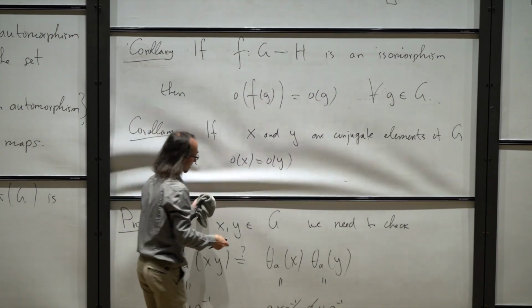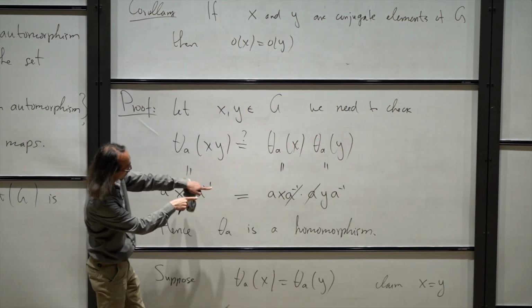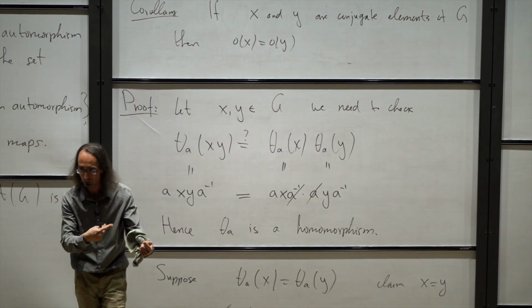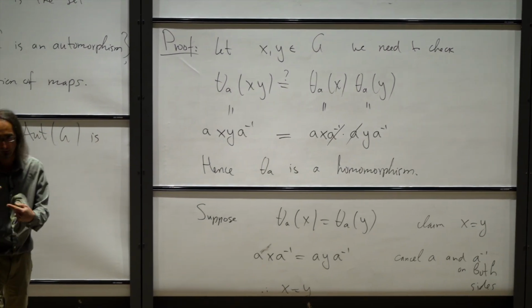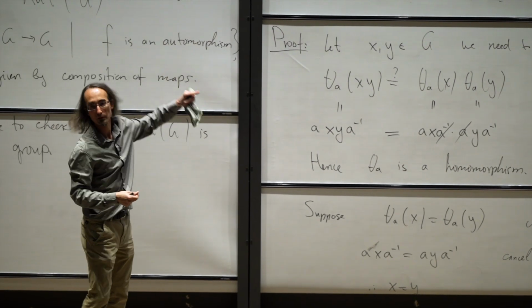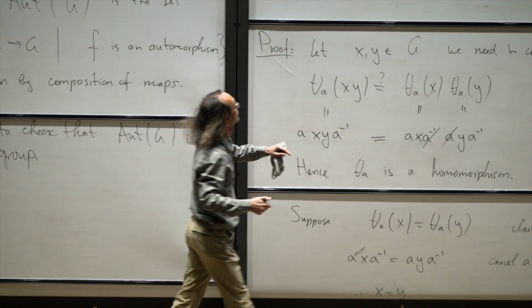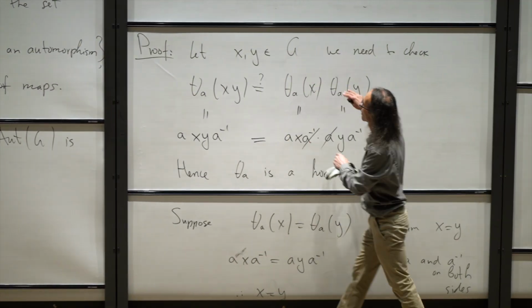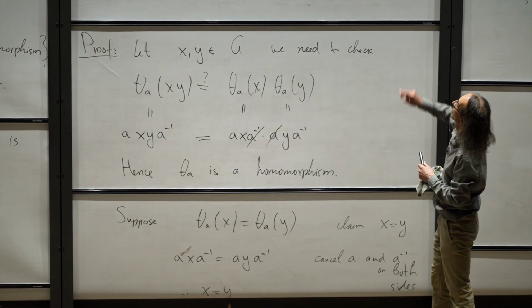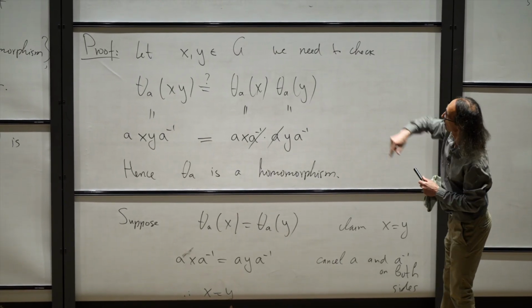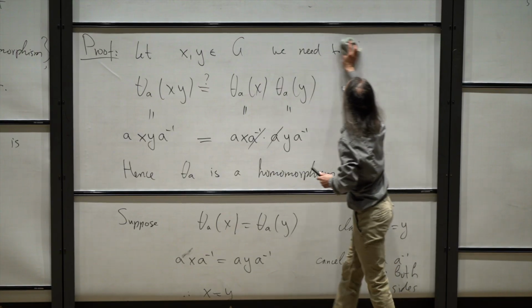Because being conjugate means that there's a conjugation map that sends one into the other, but the conjugation map is an automorphism, so an isomorphism, and therefore it preserves the order. Right? So I'm just combining the above corollary with the conjugation map. Okay?